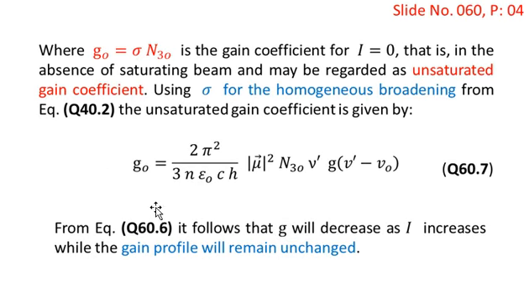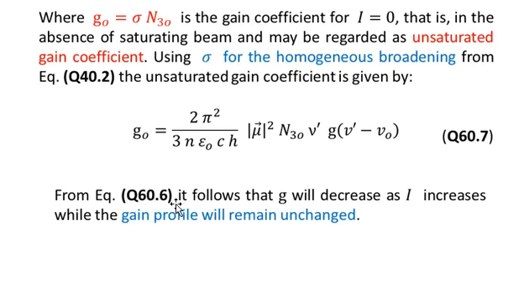So we have G naught equal to 2 pi squared over 3 n epsilon naught c h, multiplied in the numerator by the absolute square of mu multiplied by N30, multiplied by nu prime and multiplied by g of nu prime minus nu naught, where nu prime is the variable frequency of the probe beam. So you see that we have found G naught.